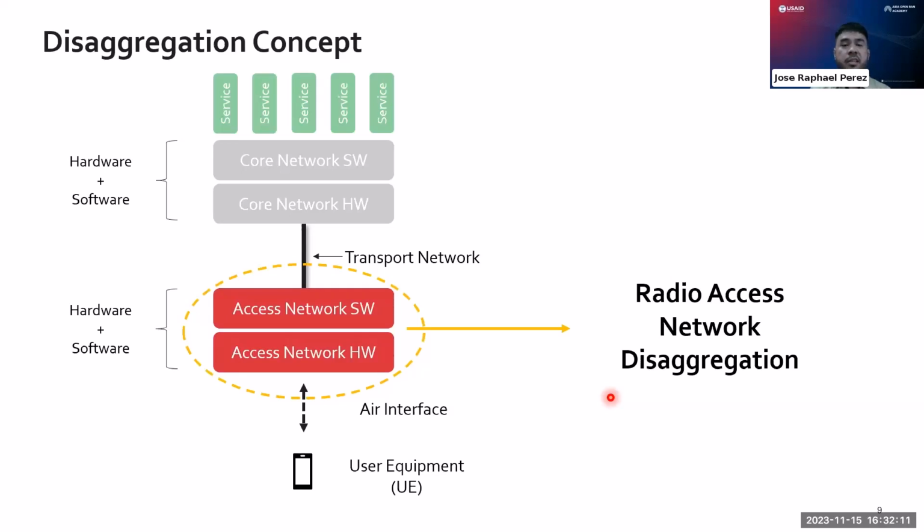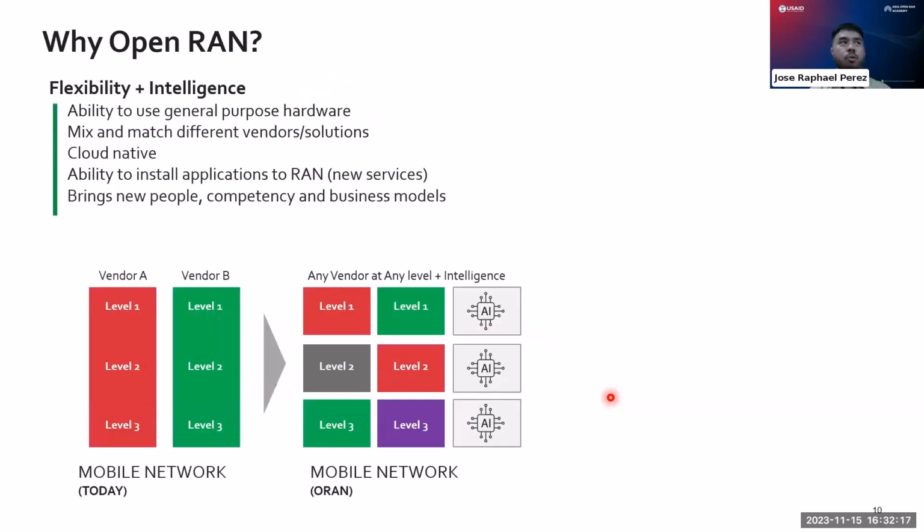Now, with this being said, why Open RAN? What's the value behind? So for Open RAN, it can promote flexibility and intelligence. Since for this one, we can now use general purpose hardware. So we can use the IT servers as our hardware, wherein we can run our radio software on top of the hardware.